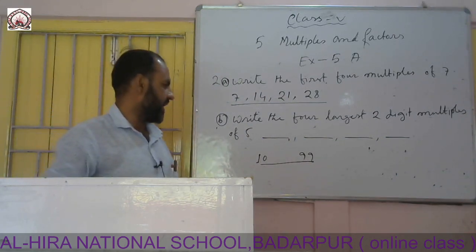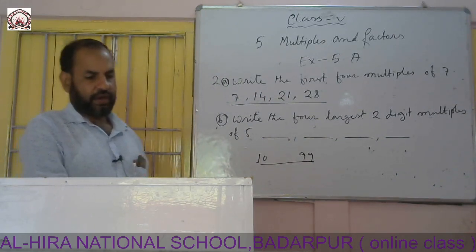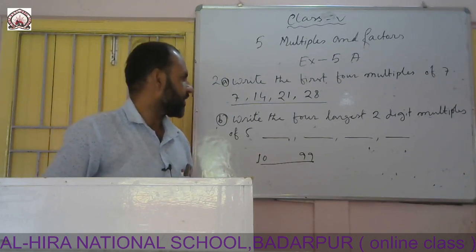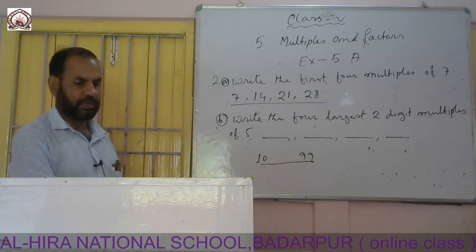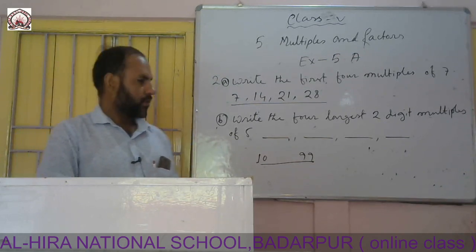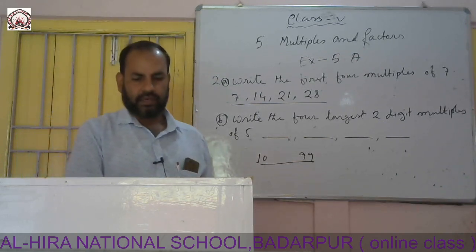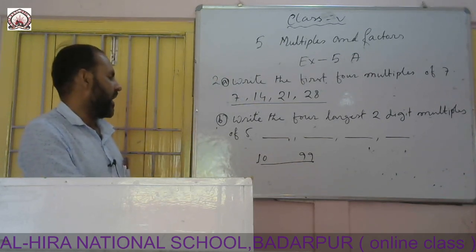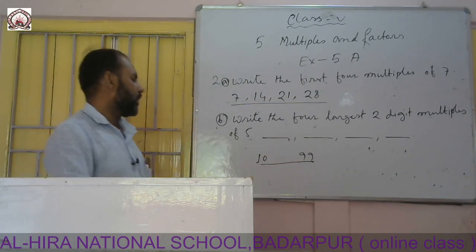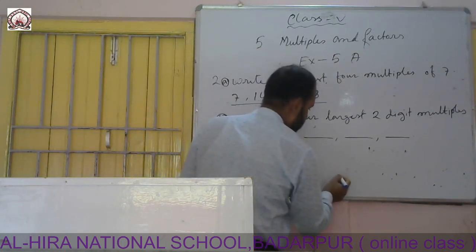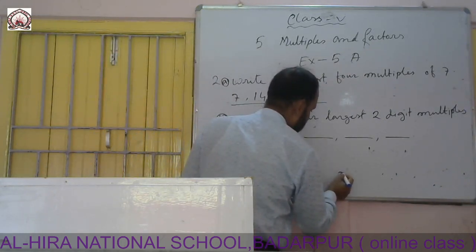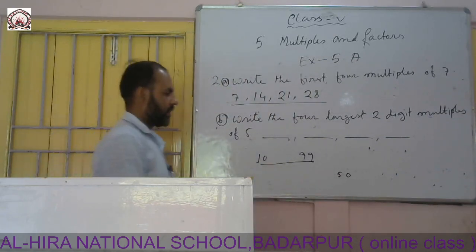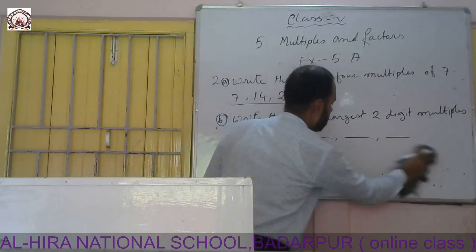Between 10 and 99, we find the 4 largest 2-digit multiples of 5. We know that in multiples of 5 the unit digit is always either 5 or 0.